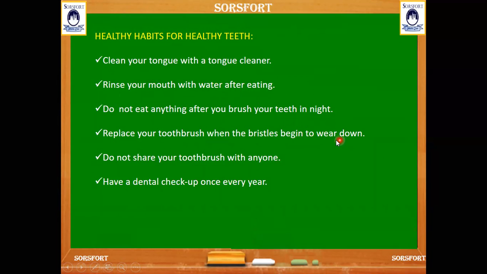We should not use a toothbrush where half of the bristles have fallen out. Do not share your toothbrush with anyone. We should not use the toothbrush of any other people. Have a dental checkup once a year. These habits keep our teeth healthy.